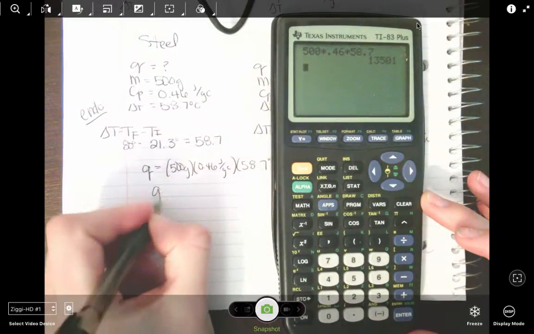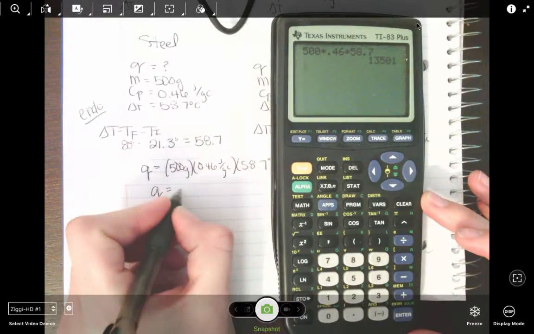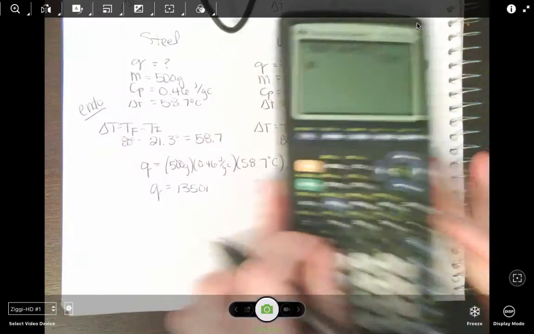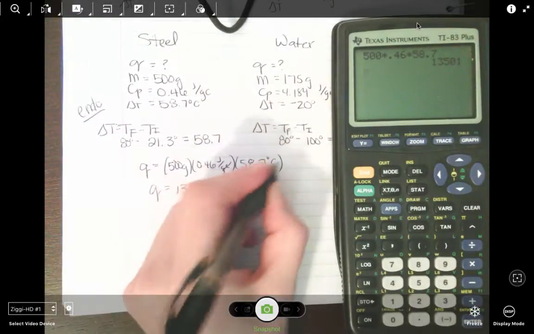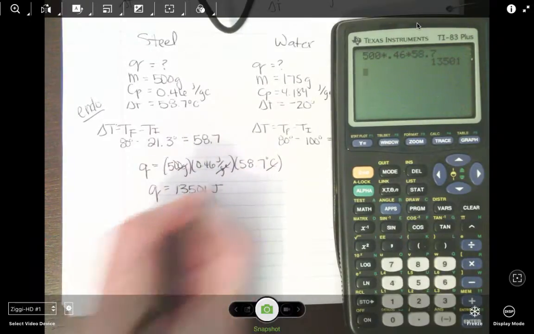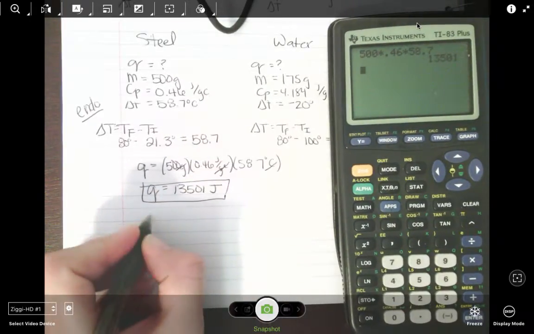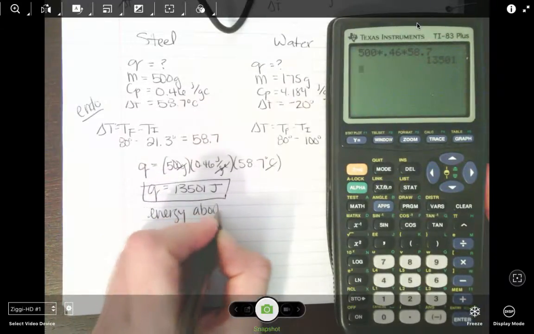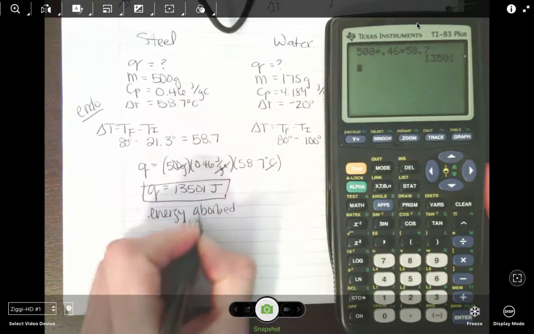A positive value, because it's endothermic, it's absorbing energy, 501, and the units are joules. Celsius cancels out with Celsius, grams cancels out with grams, you're left in joules. This is how much energy is absorbed endothermically.